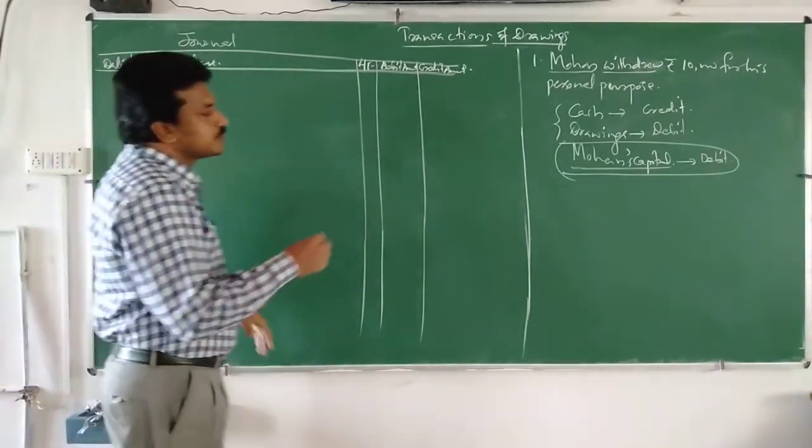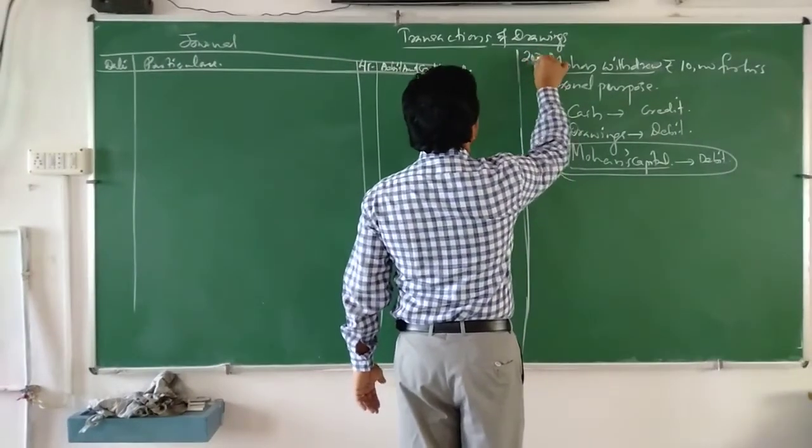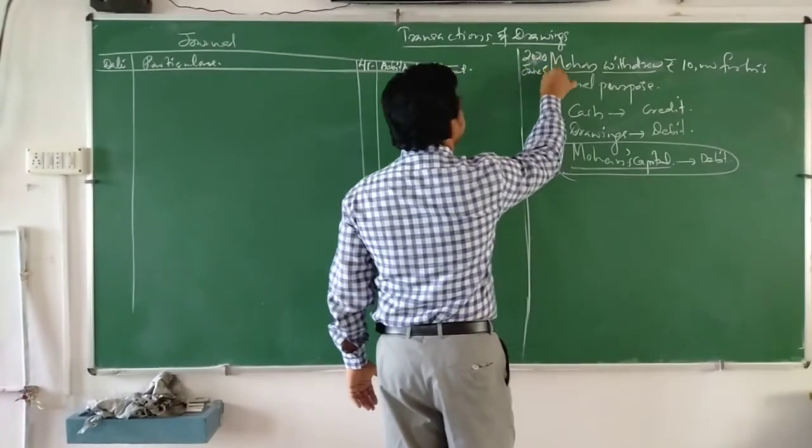Suppose the date is not given, we can write 2020 June 5.